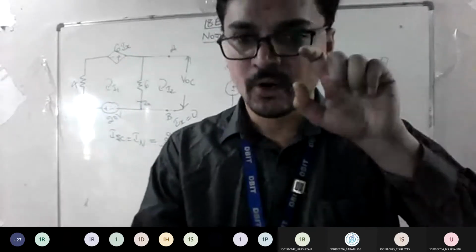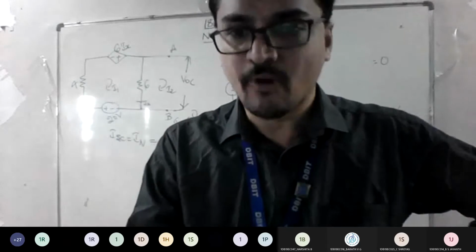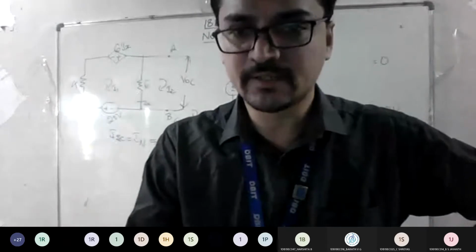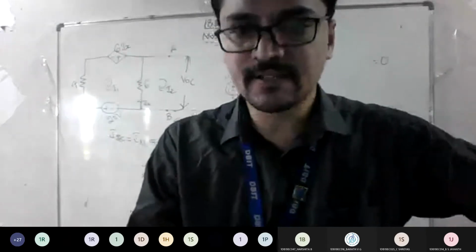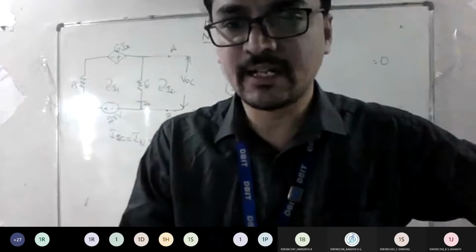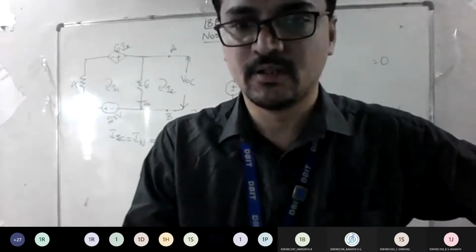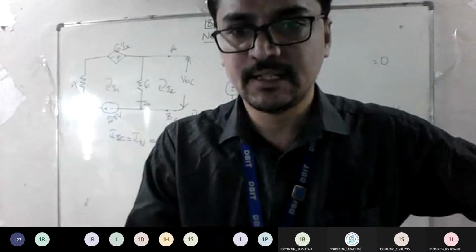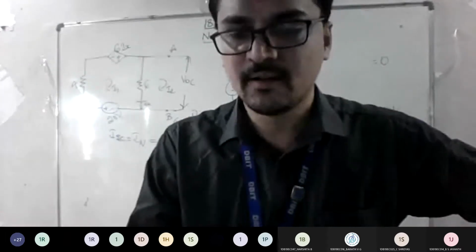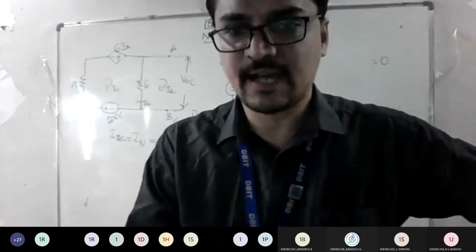That is nothing new. The only extra thing is, for whatever you've done for the Thevenin's circuit, you need to calculate the power delivered. What is the power across the load? We have a formula to find that. Just make a note of the formula, then you can get the answer.